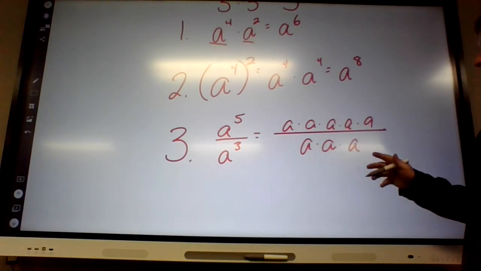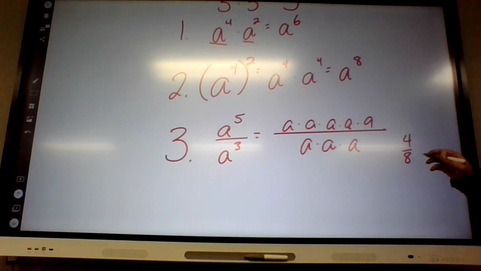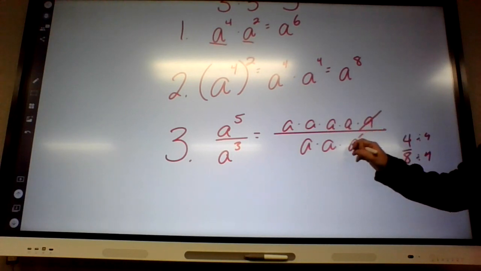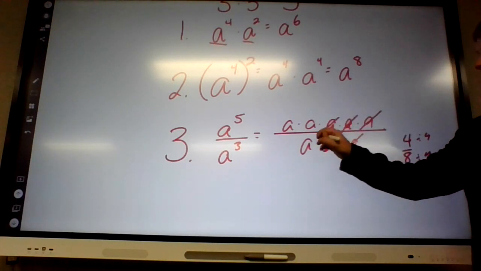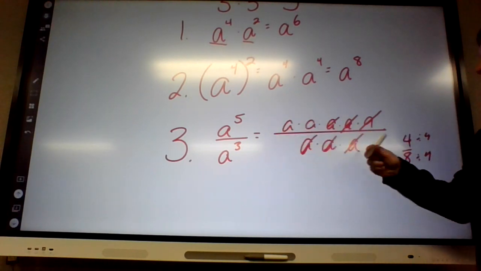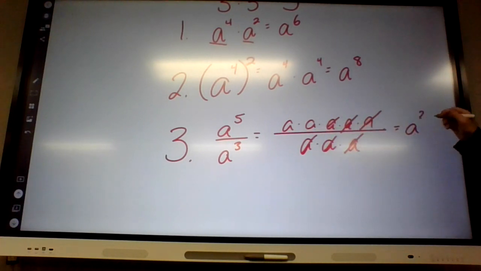It's kind of like when you reduce fractions. If you have 4/8, you can divide by 4 on top and bottom. So if you divide by a, they just cancel out. What's happening is a subtraction: 5 minus 3. So it's just a times a, or a squared.